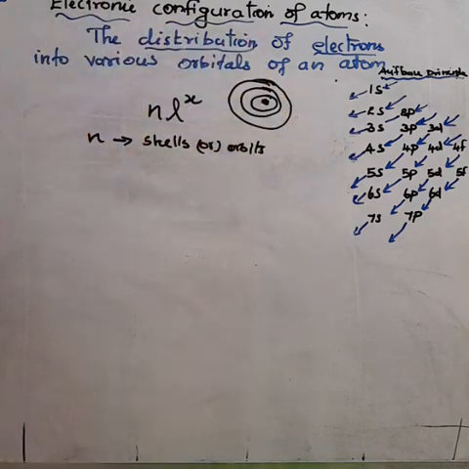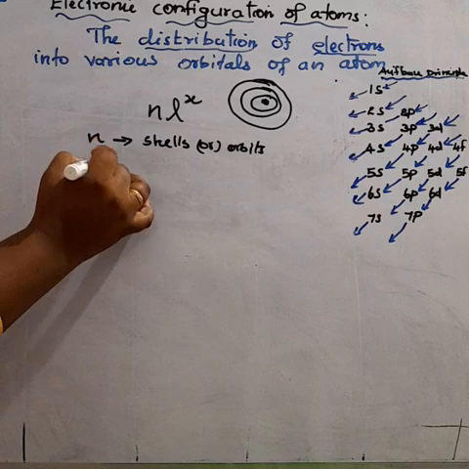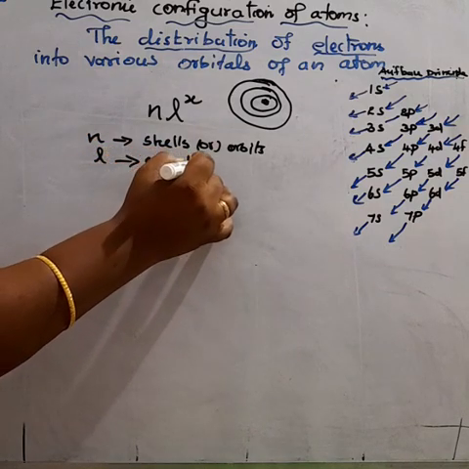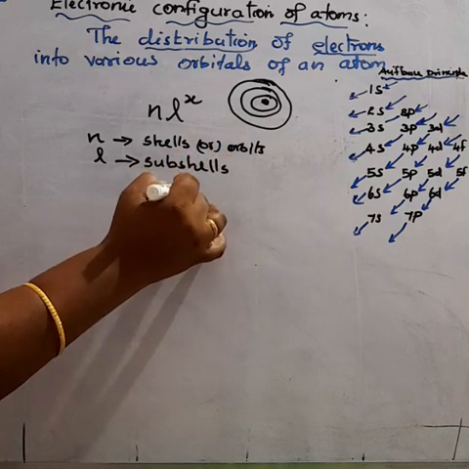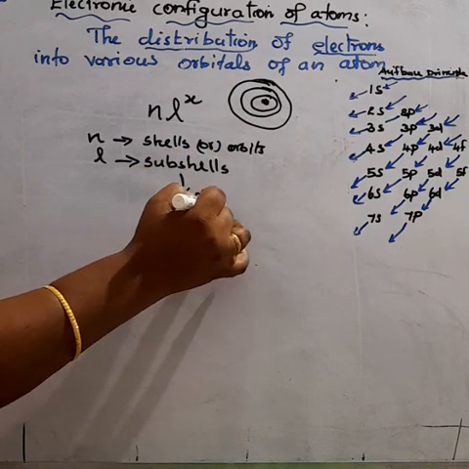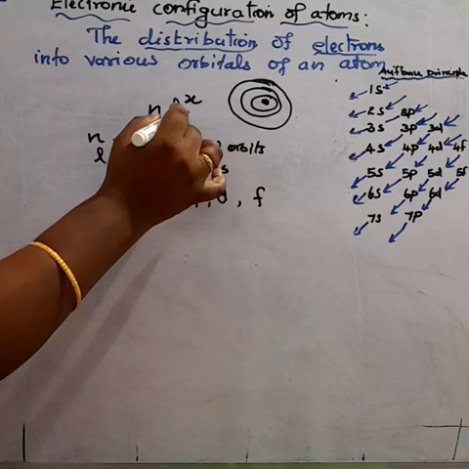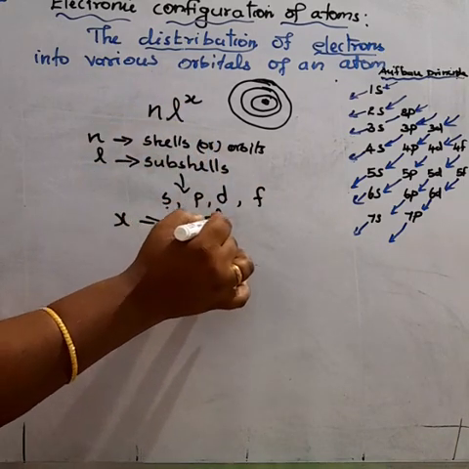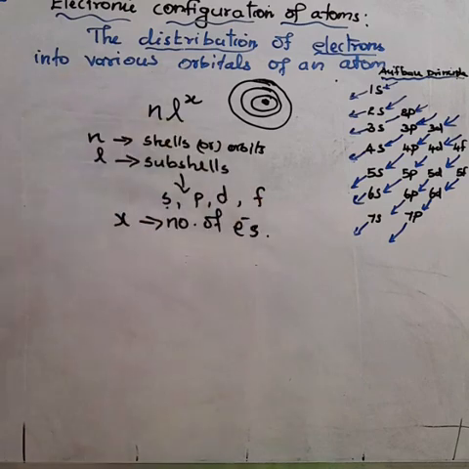L represents the subshell. What subshells are there? s, p, d and f. Here x represents the number of electrons present in that subshell.